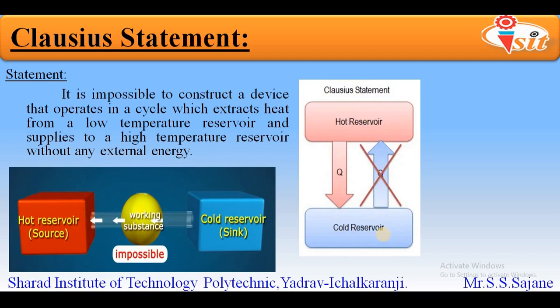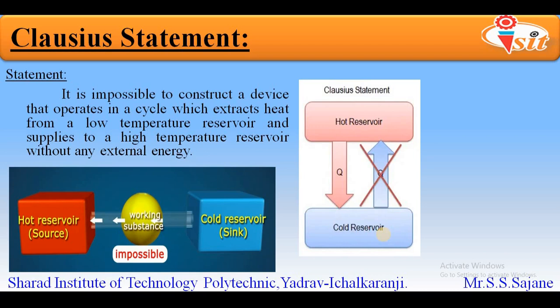So a combination of possible and impossible system is shown in second figure. Here in the second figure we can see that a cold reservoir and hot reservoir is given. However, the heat is not possible to transfer from a cold reservoir to hot reservoir, so a cross mark is shown there.